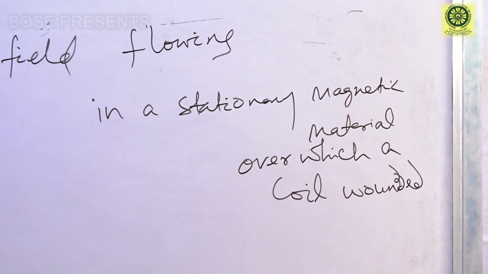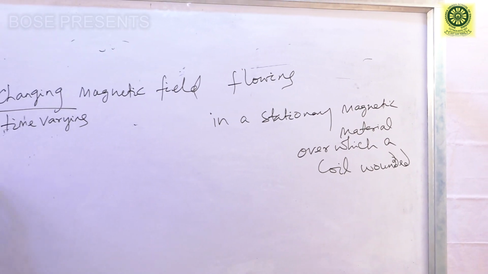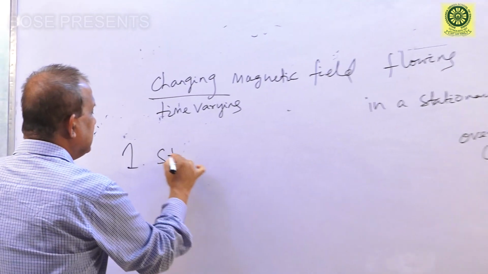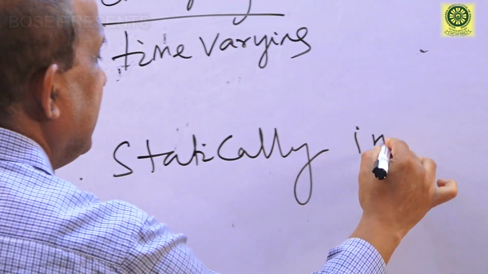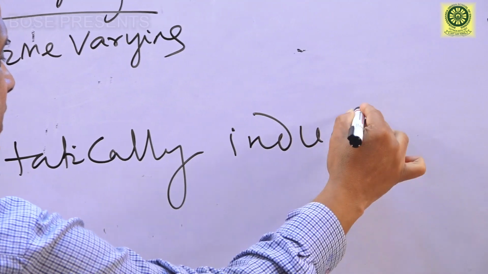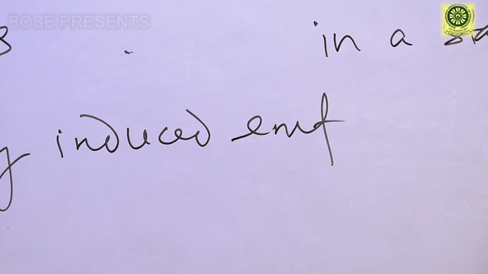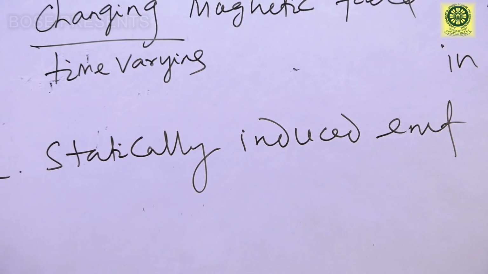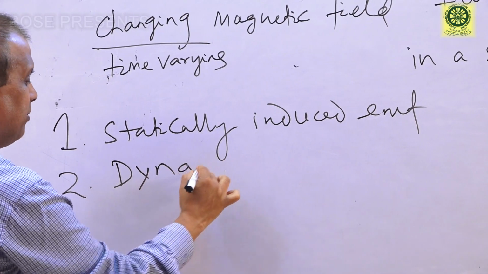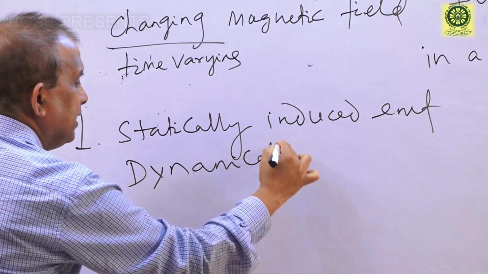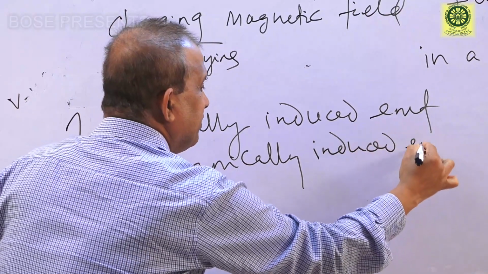This type of EMF which is induced in the transformer is known as a statically induced EMF. But in almost all rotating machines, there is another type of EMF, which is known as dynamically induced EMF.